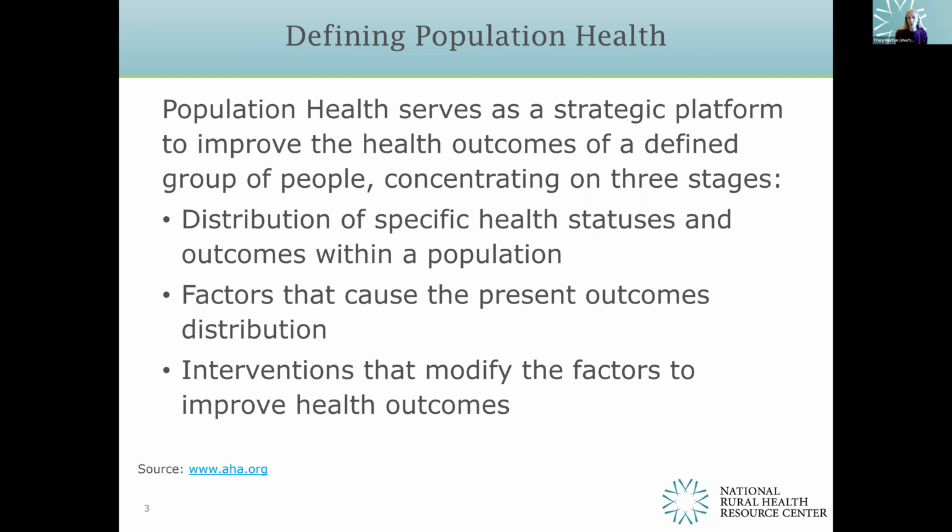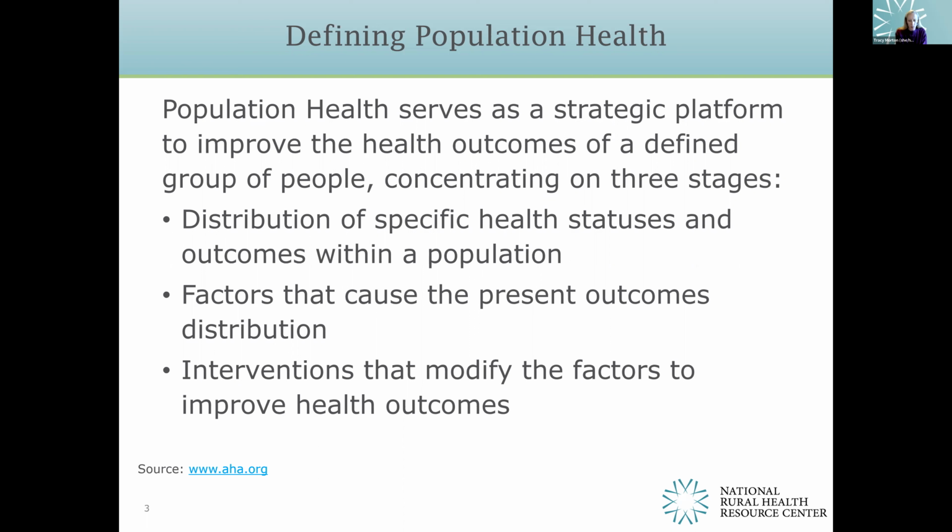Because they're on Medicaid, we know exactly how our facility is going to get paid or reimbursed from them if we're pretending we're in a critical access hospital. And we also know that they're not making those first scheduled appointments. So maybe there are some factors playing into that, and that could be helped. So that's our distribution of disease. We have a group of diabetics in a certain age group, 25 to 45 years old. We know how they're insured, and we know that they have some issues with coming to their first appointments.